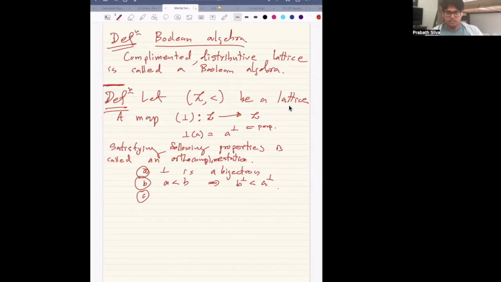Part C, this is an involution: if you take the auto-complementation twice, you land in the same element, and they are complements.